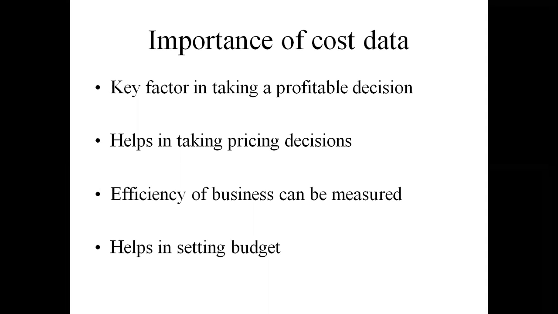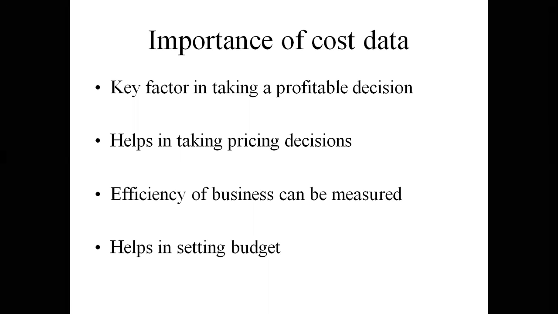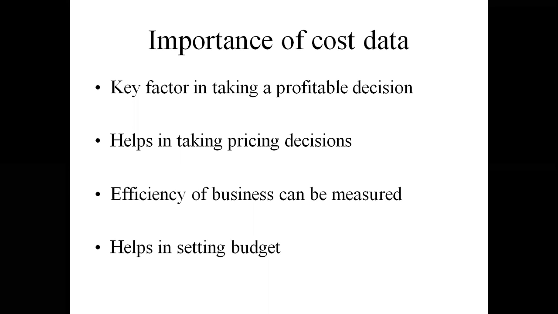There has to be a certain logic, and that logic is you need to see the cost data of the business, how much expenditure the business has been making in the past as well as currently, and according to those expenses, the business sets a budget. Then they try to remain within that budget.